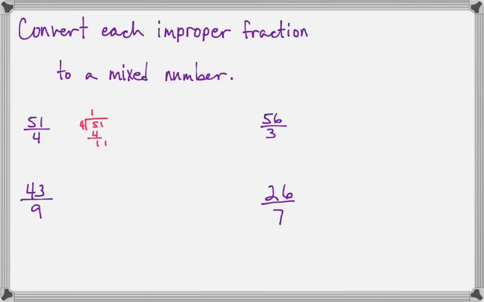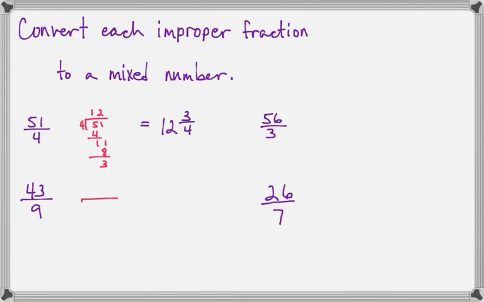Pull down the other one. 4 will go into 11 twice with 3 left over. So it's 12 3/4. Okay, now we're about to look at 43/9.